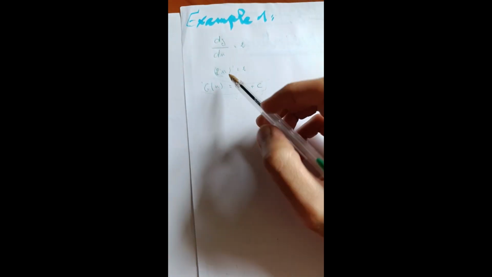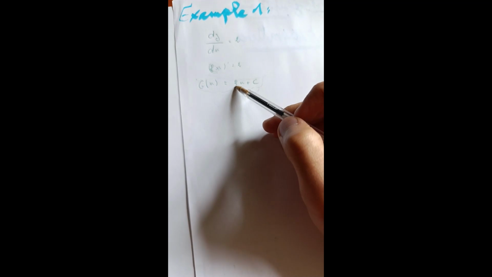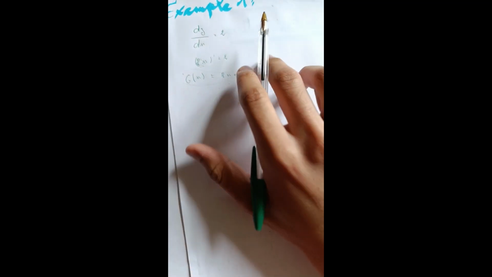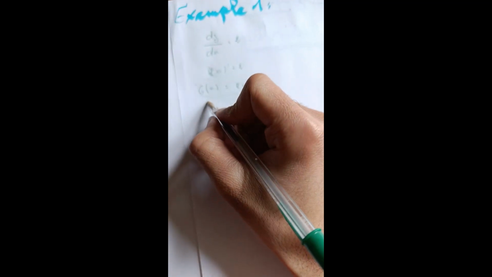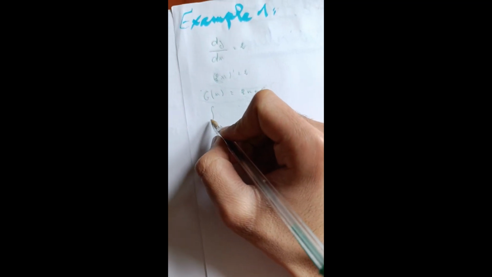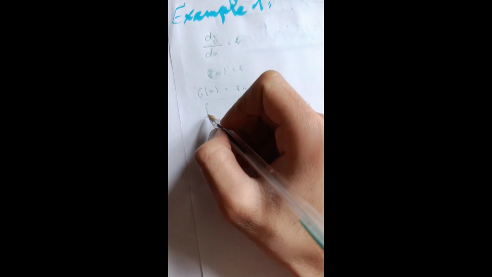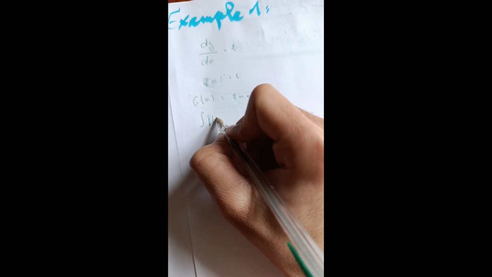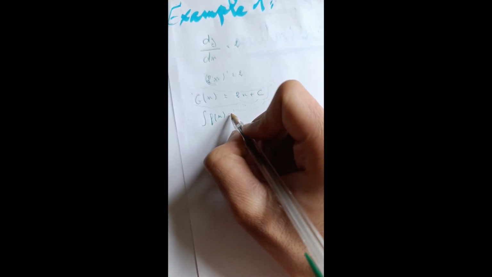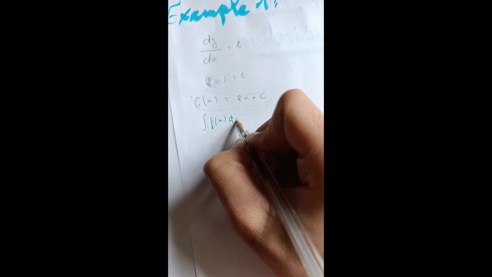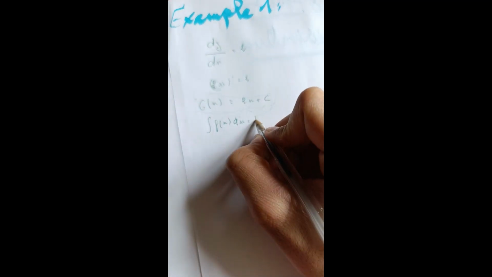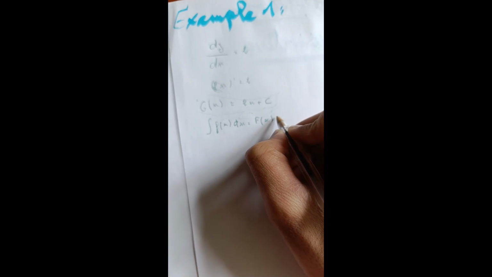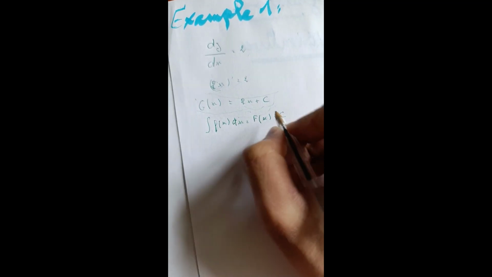Another form of writing g of x equals 2x plus c, or in general f of x plus c, is to write the integral, which you might be familiar with, of f of x times dx equals f of x plus c.